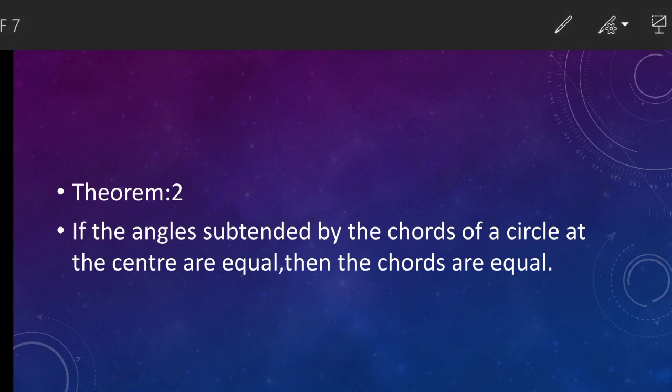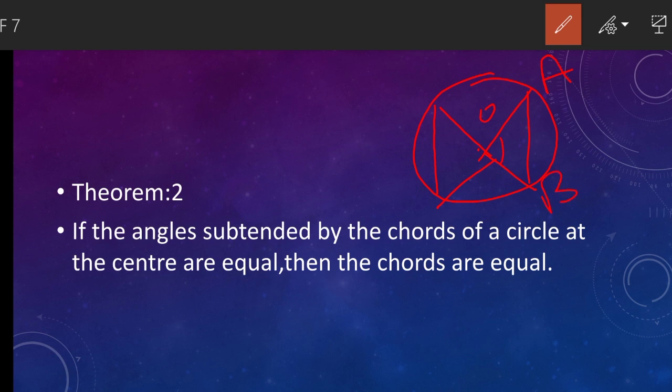Next theorem we have is theorem number 2. If angles subtended by the chords of a circle at the center are equal, then the chords are equal. So again we will have one circle, and in this circle it is said that the angle at the center, that is this angle AOB, is equal to angle COD.